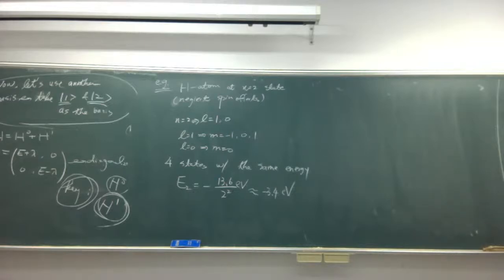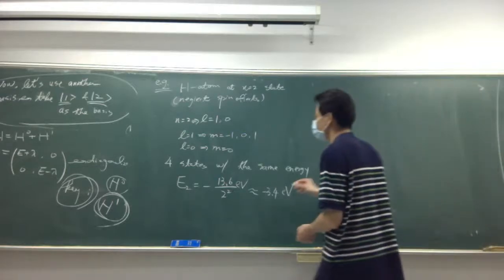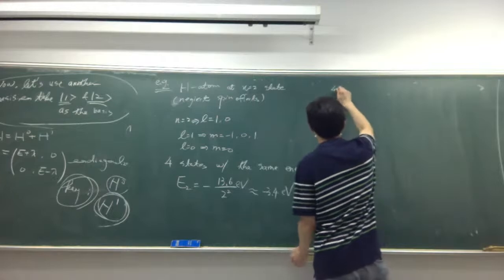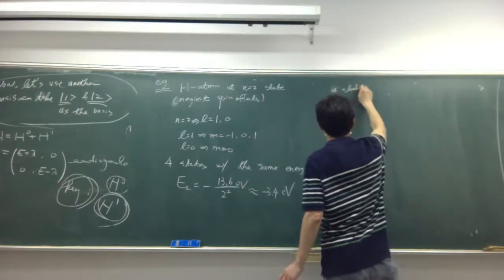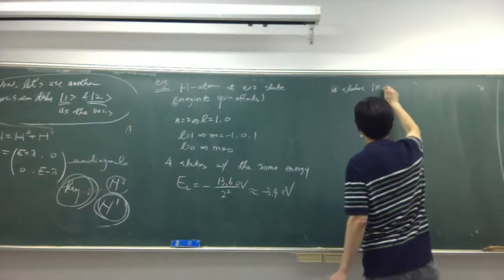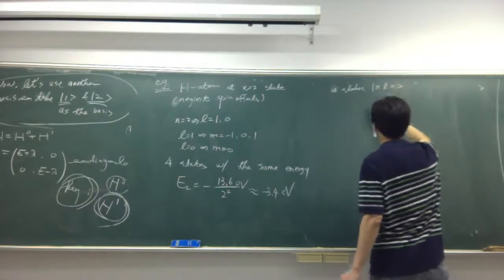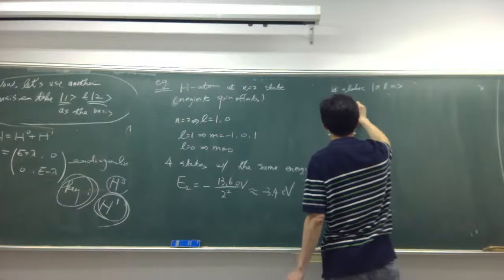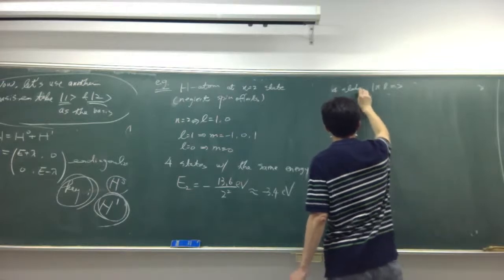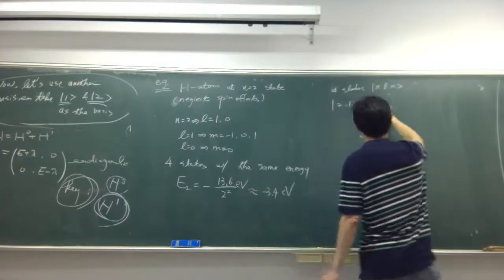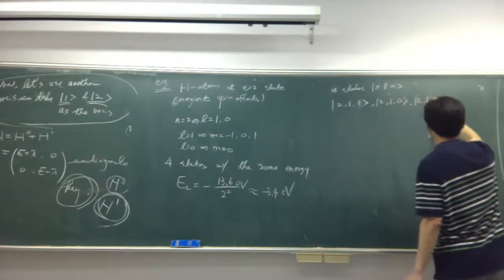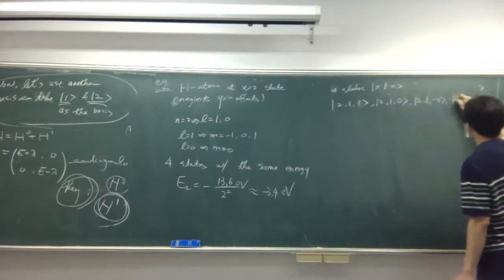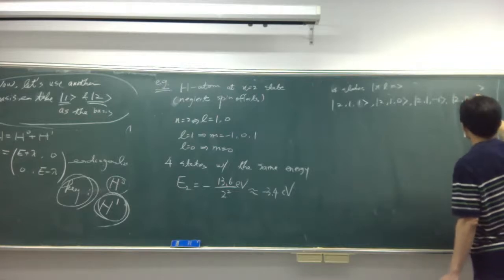Okay, and these 4 states, n l m equals 2 1 0, 2 1 1, 2 1 -1, and 2 0 0.